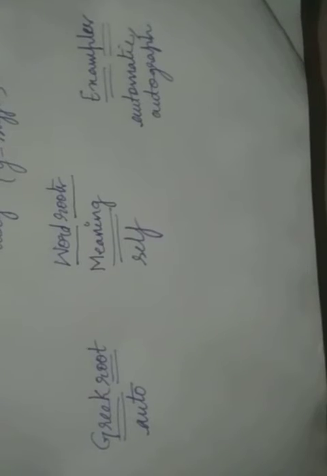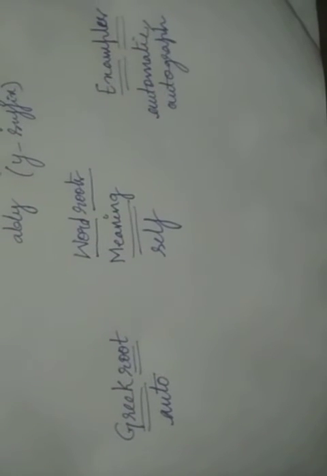In the Greek root, write auto. The meaning of auto is self. Based on this, you have examples, automatic or autograph. If you know a few more examples, write them there, no problem. Autotrophs is one more example. If you want to write it down, fine. If not, no need. Write whatever I am writing.